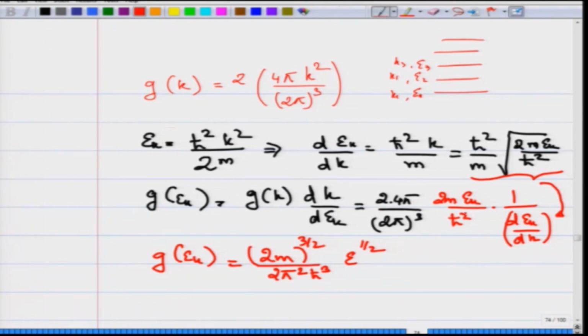If all of these you get it here, where for this you will put in, you will get the density of states as this. And now recall that E_f is equal to h cross square by 2m, 3 pi square n raised to 2 by 3. So, now you can also write down all of these constants in terms of E_f.